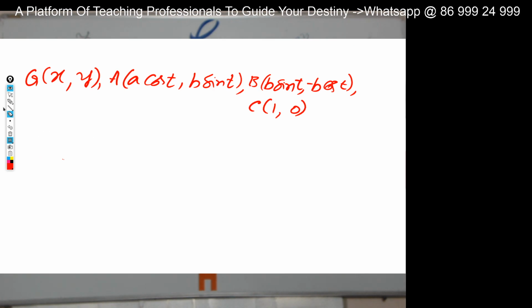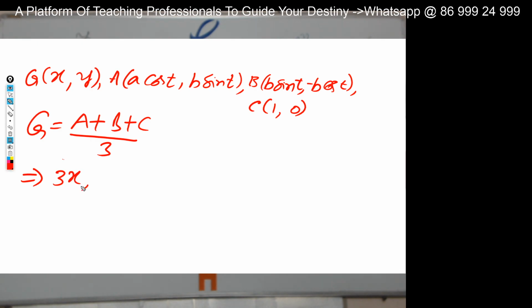So as you all know, G is (A plus B plus C) by 3. So I'm writing directly 3x comma 3y is equal to a cos t plus b sin t plus 1 comma b sin t minus b cos t.